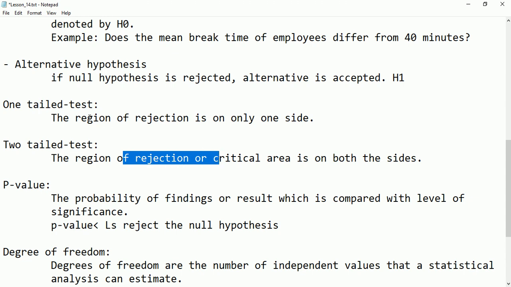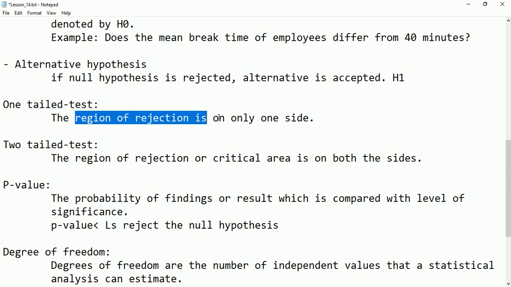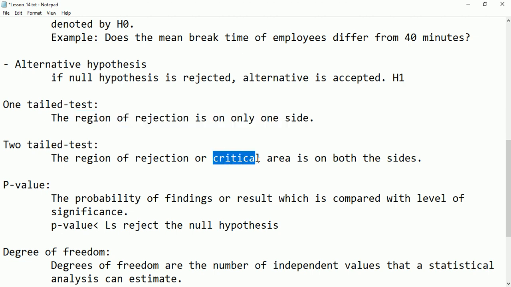But if it is one tailed, the rejection region will be only on one side. If you remember, we talked about confidence interval. There I showed you that if the rejection or critical areas are on both sides, that is called two tail test. If it is only on one side, it is called one tail test.